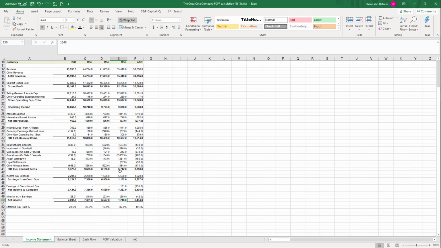But then it took a drop if we include the unusual items, specifically the loss on the sale of assets there, impairment of goodwill here, and those two are pretty high and really explain the difference between the different years. So this kind of odd year in 2017 is really due to unusual items.